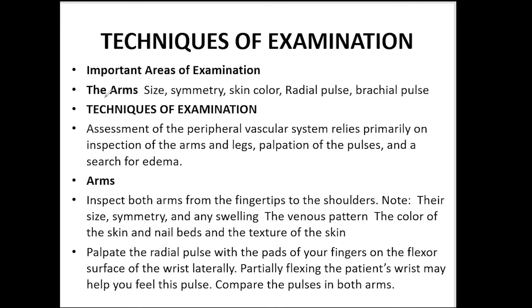So let's talk about the arm first. We do inspection first. Basically we're looking at the size. Both sides, the size will be the same. If one side is smaller or bigger, so we compare with normal people, that side must have some trouble.